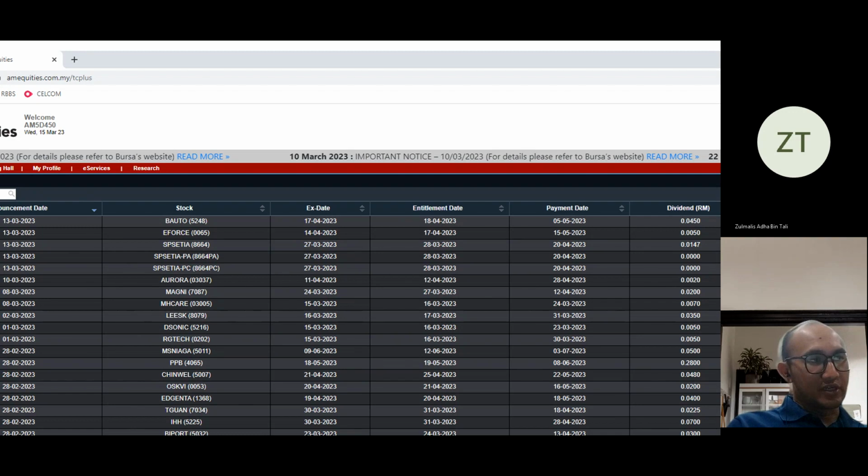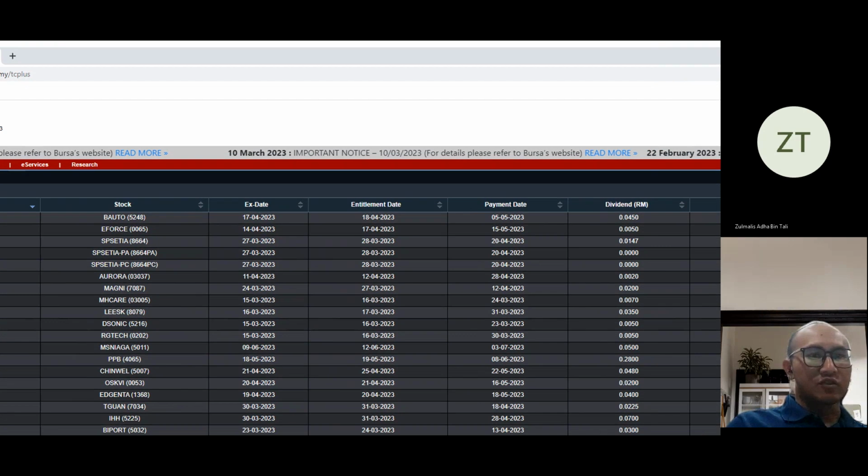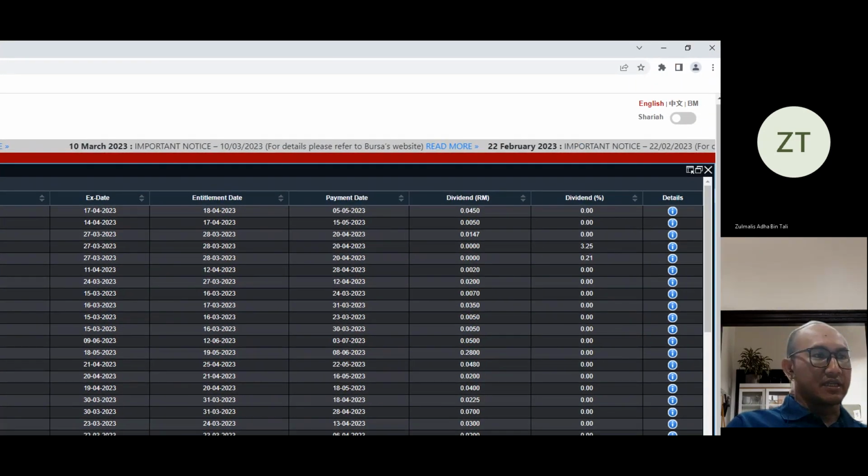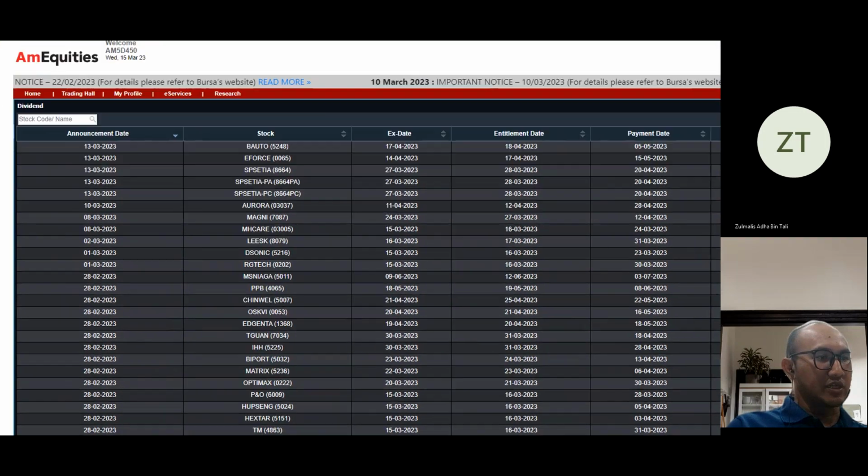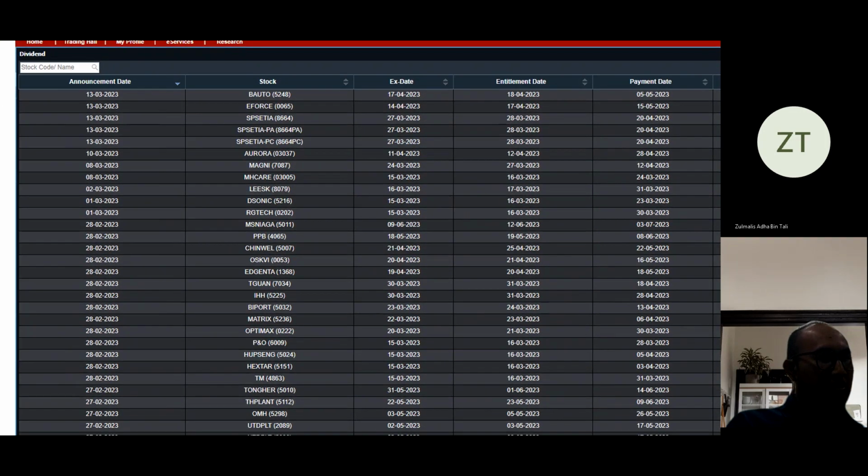So you can check your account on that day or a day after, because nowadays most of the remittance is done via IBG. So it'll be on the same day or the day after. You just check your dividend payment, yeah. All right. And then total dividend payment is 4.5 cents. And yeah, nothing much. You can check the stock code, which counters are paying dividends.